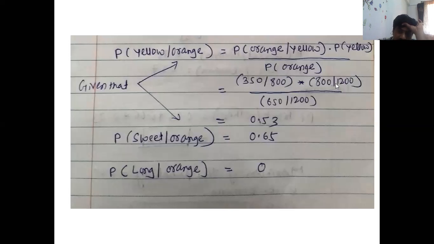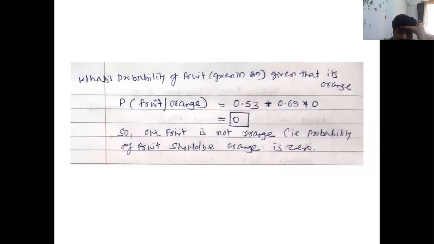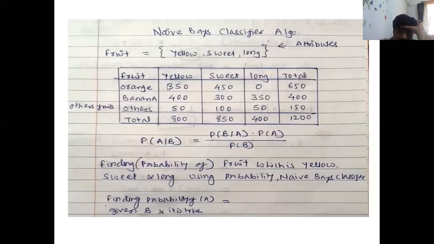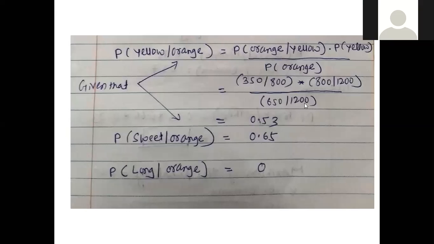So it is 800 divided by 1200, divided by P of orange, probability of orange. There are total 1200 fruits, within that 650 fruits are orange. Total orange fruits are 650, right? And total fruits are 1200. So it comes to 650 divided by 1200, and the result will come 0.53.